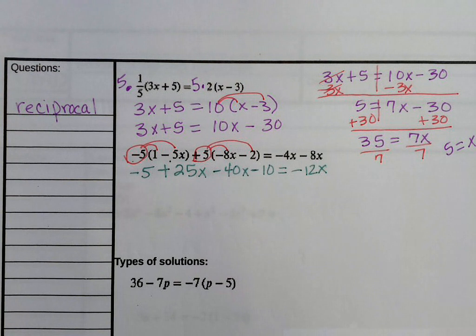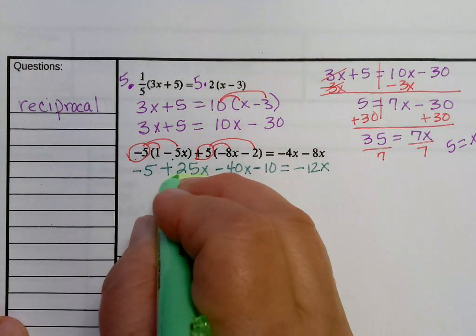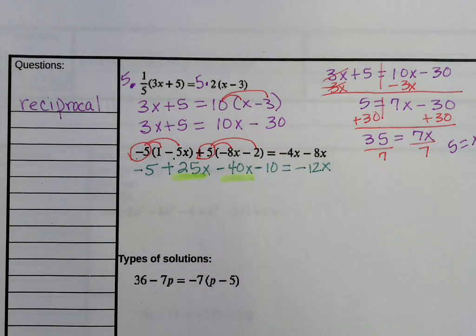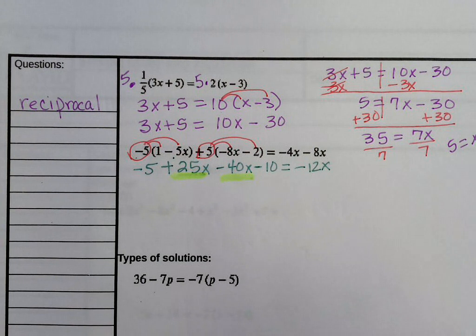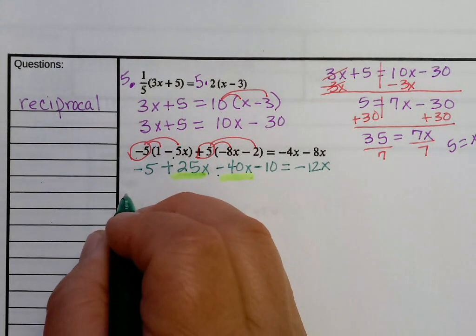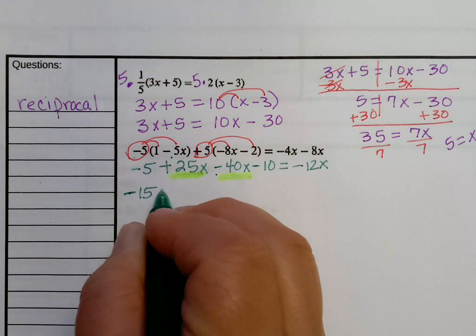Okay, combine your like terms. Looking at the x value, I've got positive 25 and I've got negative 40. 25 minus 40, okay, what is 40 minus 25? It would be 15. Keep the sign of the number that's larger, so this is negative 15x.